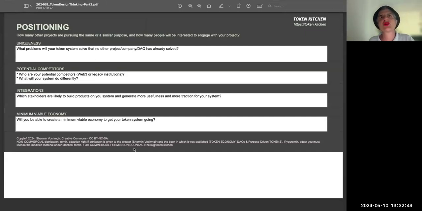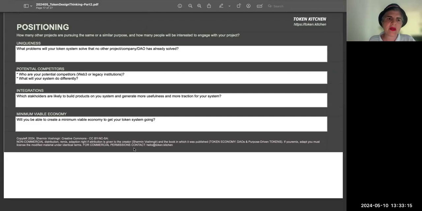Who are potential partners with which you can integrate, for example, which Web3 protocols already exist? Smart contracts are inherently modular because of the nature of Web3 networks. So if you're building, for example, some kind of data exchange protocol, how would it automatically integrate with other DeFi protocols?